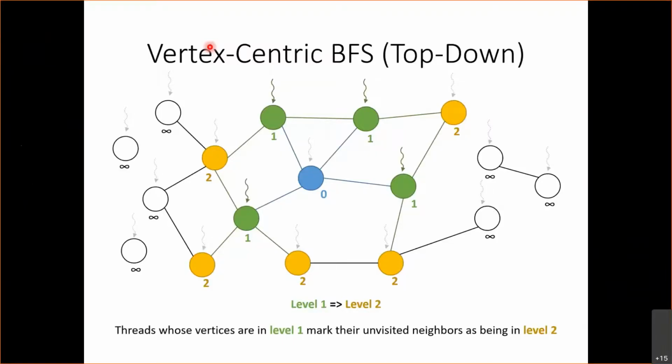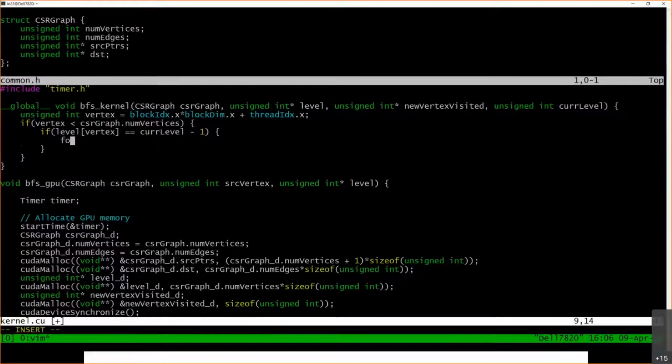So what I will do is I'm going to loop over the outgoing edges. So I'm going to write for unsigned int edge is equal to CSR graph dot source pointers of vertex. This tells me where the neighbors of the source vertex begin. How do I know where the neighbors of the source vertex end?